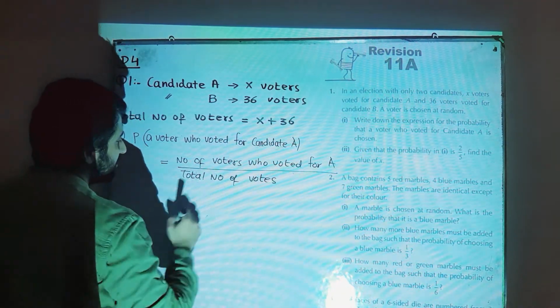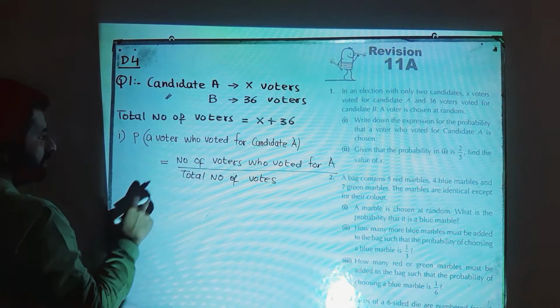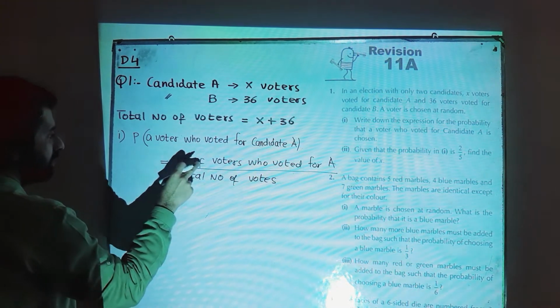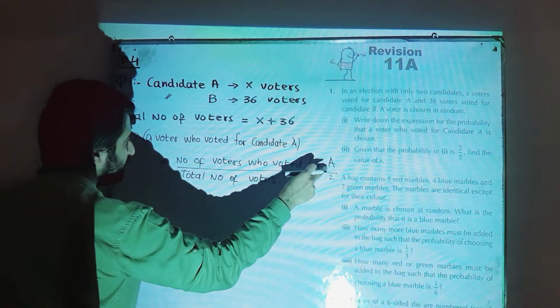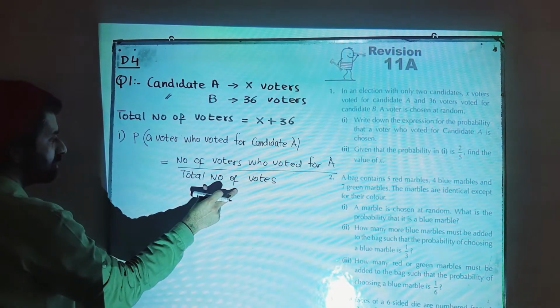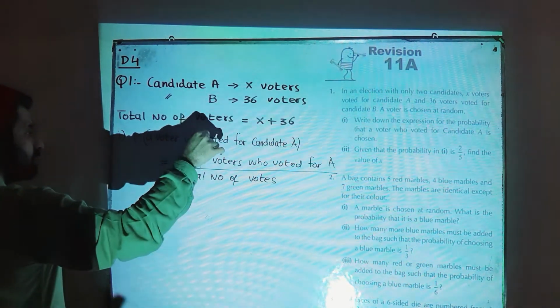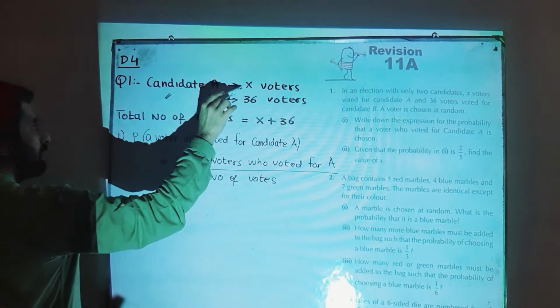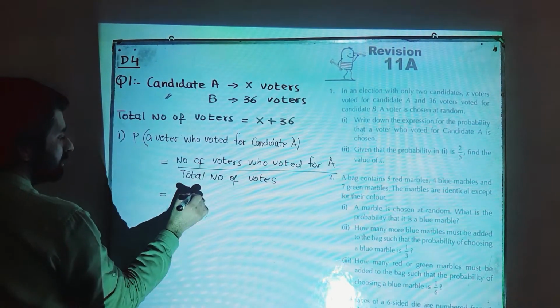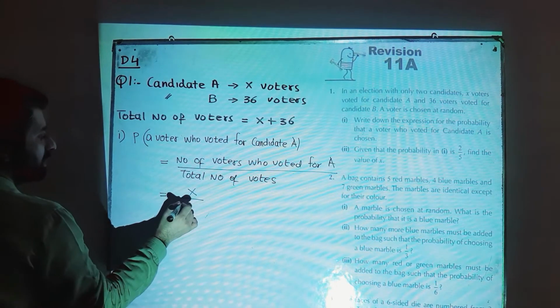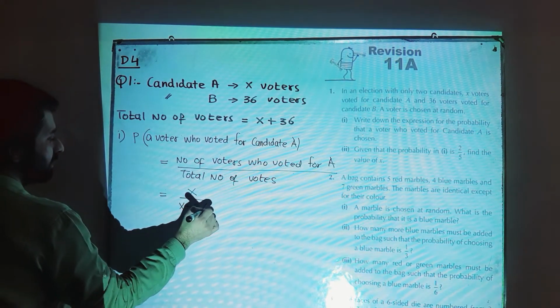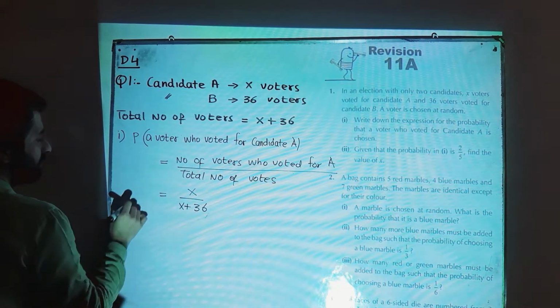That is the basic concept of probability: number of favorable outcomes, meaning the number of voters who voted for candidate A, divided by the total number of outcomes, meaning the total number of voters. So the number of voters who voted for A is X, while the total number of voters is X plus 36. So this is the answer for part 1.